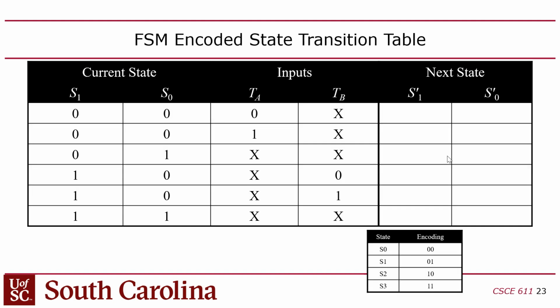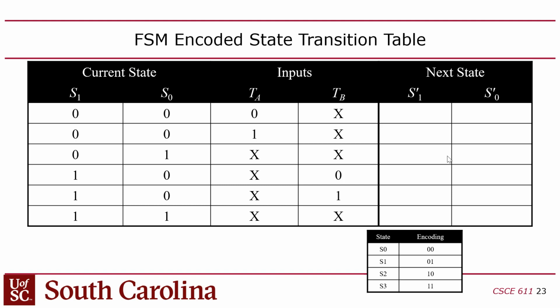Okay, so then the hardware is going to have an encoding for each one of those states. So we need a binary encoding for state S0 to S3, and at a minimum you need 2 bits because the log base 2 of 4 is 2. But you can actually use more bits for that encoding if you want.